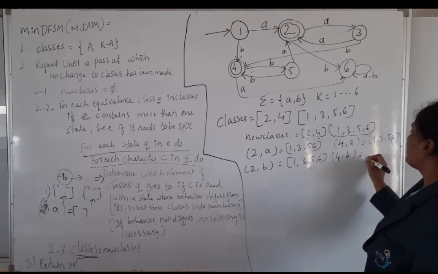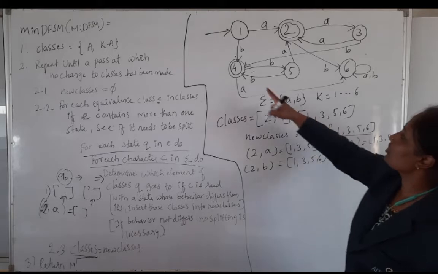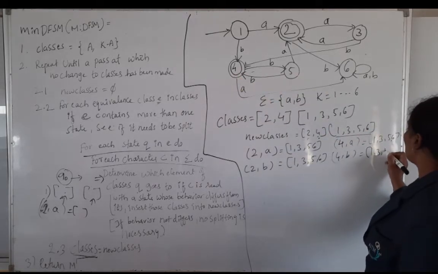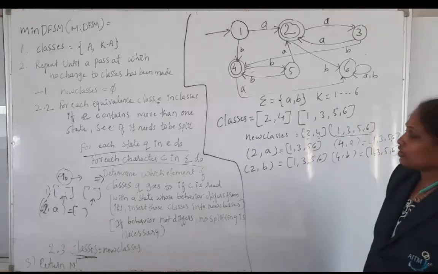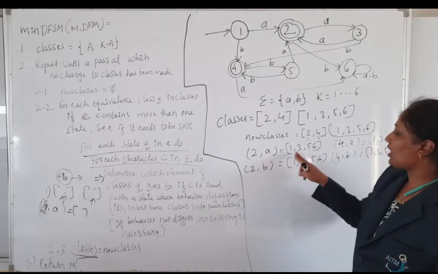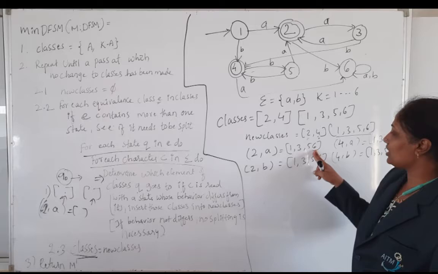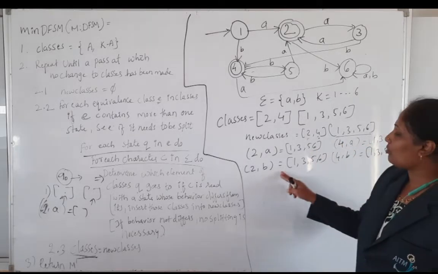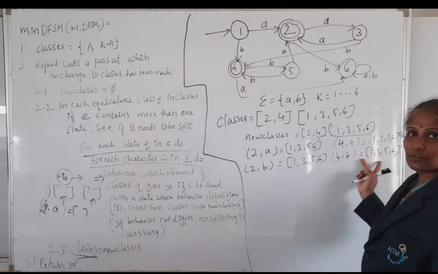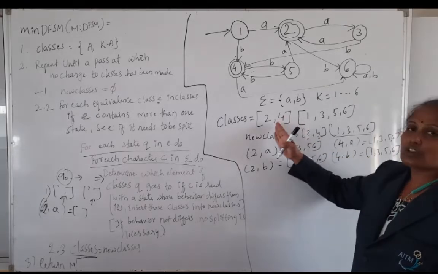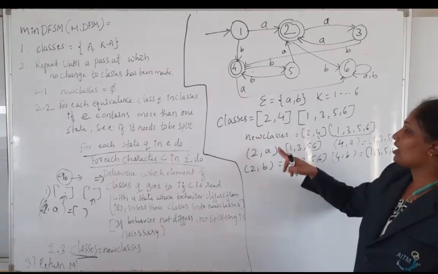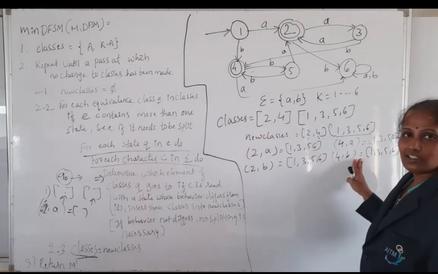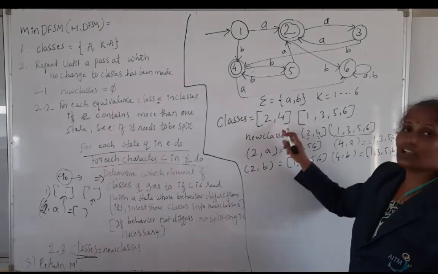Next, for B, from 4 I reach 1, 3, 5, 6. So 2 of A reaches 1, 3, 5, 6, and 4 of A also reaches 1, 3, 5, 6. 2 of B reaches the same group. So there is no splitting of this class, because after accepting A or B from 2 and 4 you reach the same group. I am not going to divide this class.